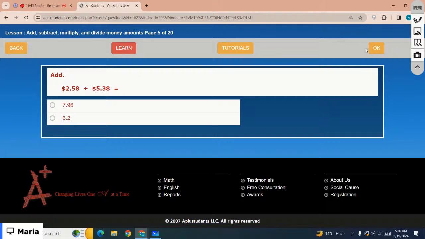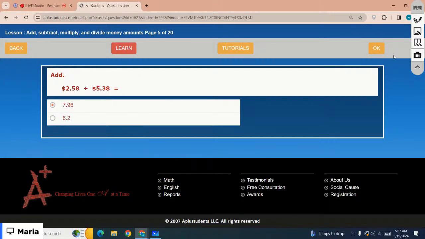$2.58 plus $5.38, which is the correct option? You have to add, okay, $7.96.